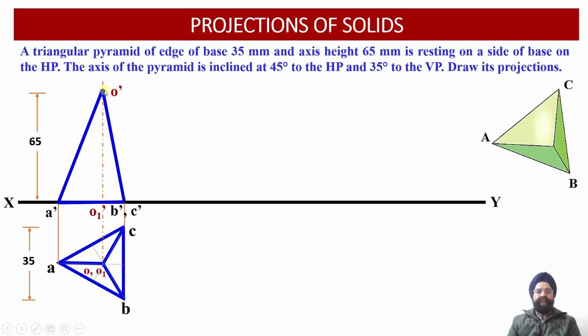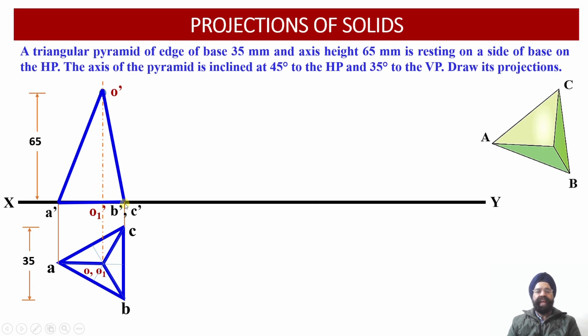That is, we have to transform the front view projections which we obtained previously in such a way that the base of this triangular pyramid is inclined at an angle of 45 degrees. Automatically the axis of this triangular pyramid will be inclined at an angle of 45 degree with respect to the horizontal plane.